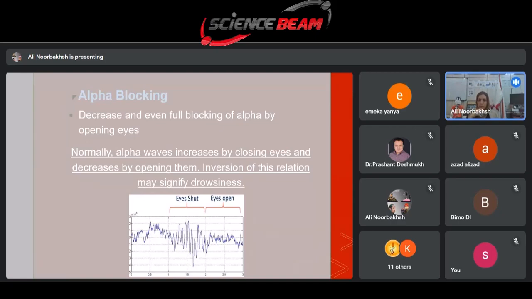But when we open our eyes, we can see decreased alpha. It means blocking alpha. But inversion of this relation may signify drowsiness.